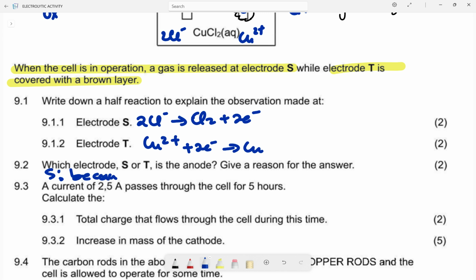Because Cl minus undergoes oxidation there. Or you can say Cl minus undergoes oxidation at S. Or you can say oxidation occurs there.